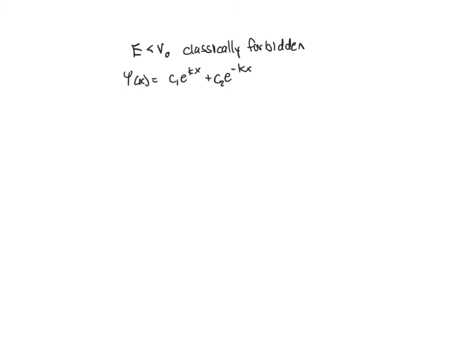Let's take each of these basis functions separately and think about what they look like. So if I graph e to the kx, positive kx, then I have something that asymptotically reaches 0 for x less than 0, but goes to infinity for x greater than 0.